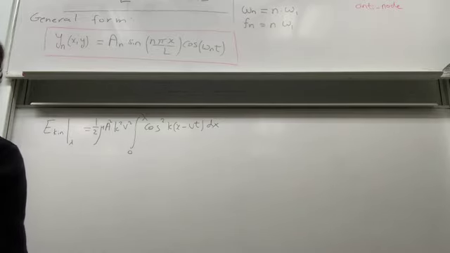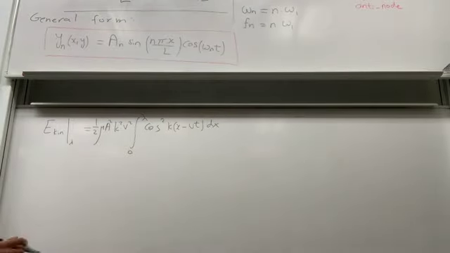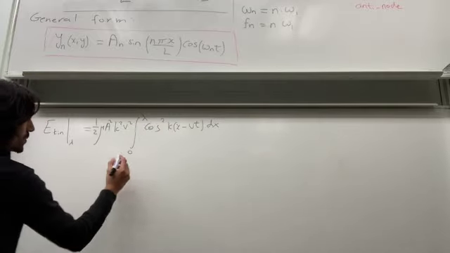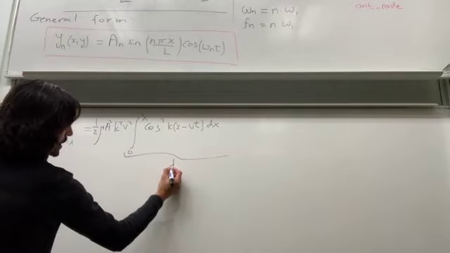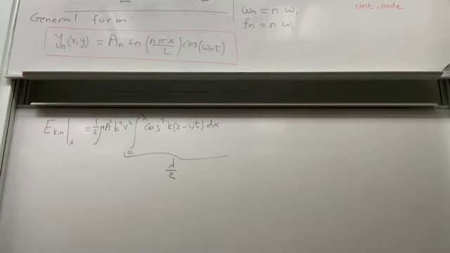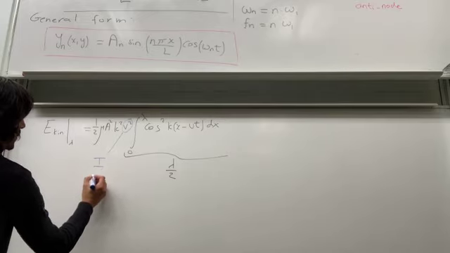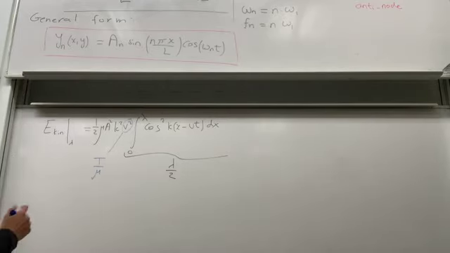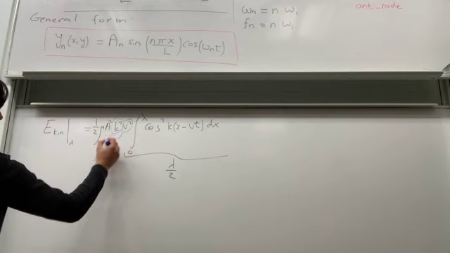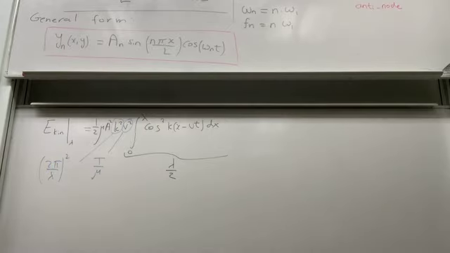I have everything. Now remember from last time, when you integrate over a cosine squared, that gives you half. Integration from 0 to lambda, so this whole thing would give lambda over 2. V squared is T over mu, and k squared is 2 pi over lambda, squared.